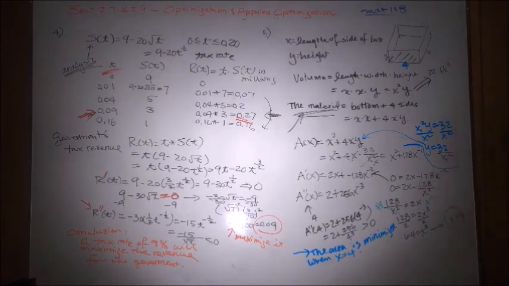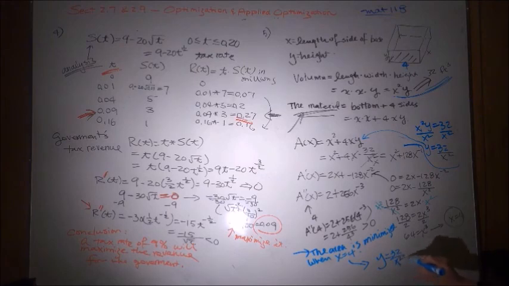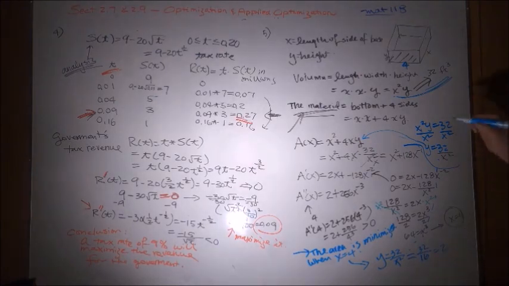If this is 4 feet, what is your y? Look at that, right? We have this. y is what? 32 divided by 4 squared. So your x is 4, then your y is 32 divided by x squared from here, right? Then that would be 4 squared, 16, 32 over 16, 2. That means your height is 2.